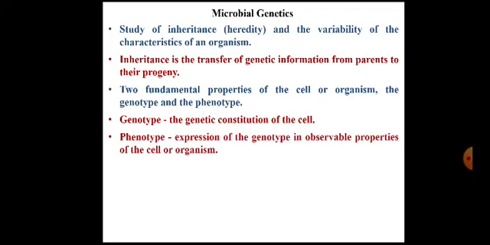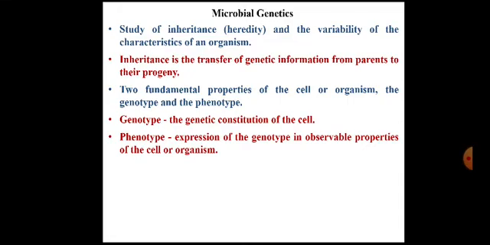When this genotype is expressed, it becomes the phenotype. Expression of the genotype in observable properties of the cell is called the phenotype. So the genotype is a set of genes, and when the genes are converted into some other form, in the form of observable properties, that is called gene expression.